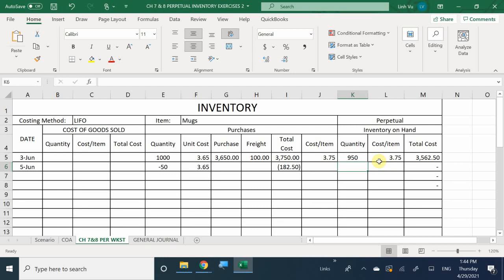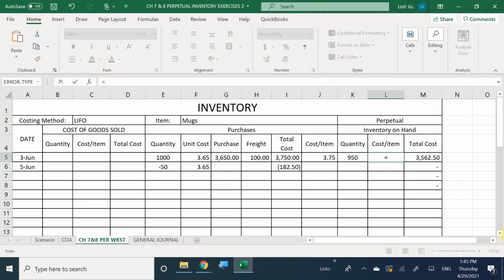So I have a new total cost, which is 3,750 minus the 182.50. So I need to recalculate my new cost per item. You can do it here. I'm going to use parentheses because I need to figure out what my formula is going to be.